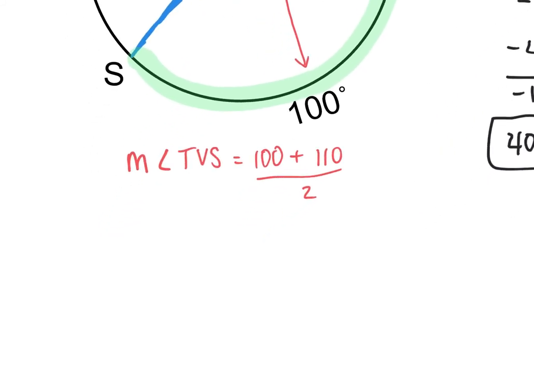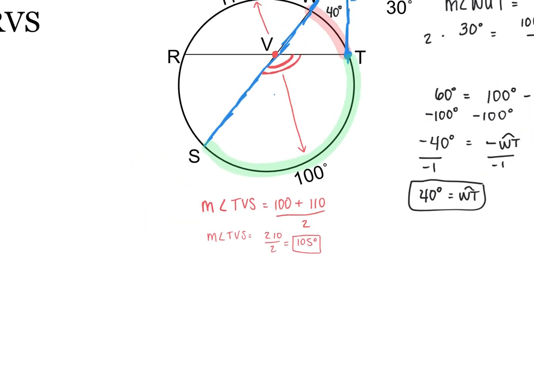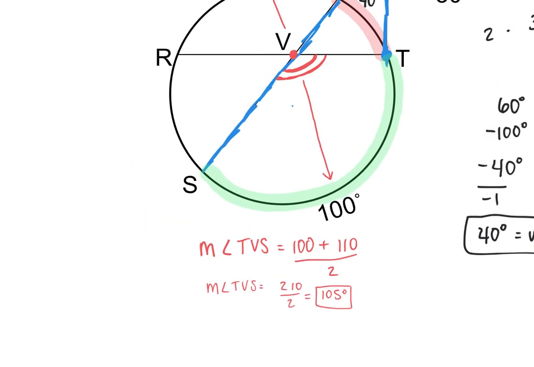All right, now we have this. So the measure of angle TVS equals 210 divided by 2, which is 105. So the measure of this angle is 105 degrees.